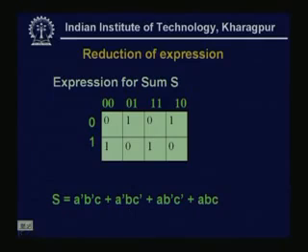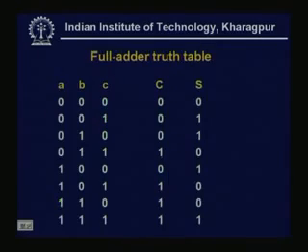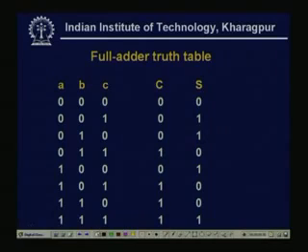Now, if we see the sum, where it will be 1, it will be 1 for the decimal values 1, 2, 4 and 7.